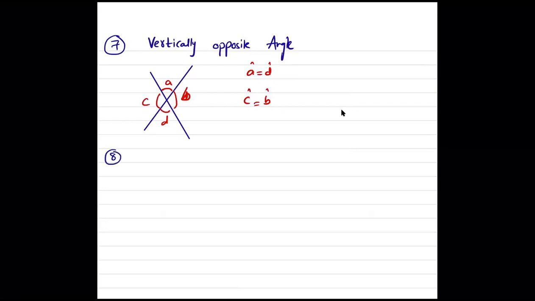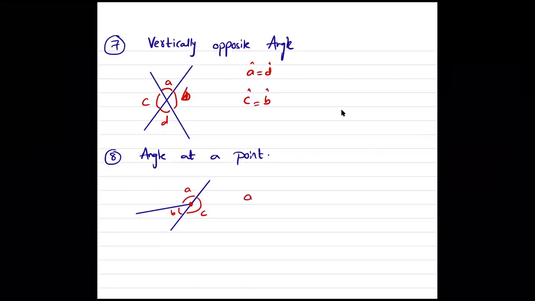Let's also see angle at a point. Angle at a point: from a point, multiple angles can be generated, so they will look like this. Let's say this is angle A, this is angle B, and this is angle C. So from this point there are three angles being generated.